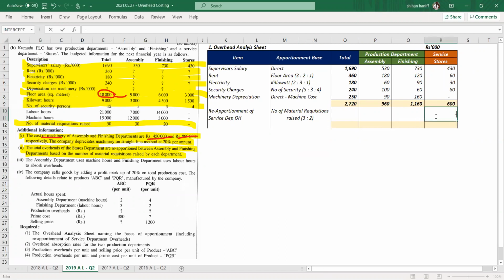Then 600 we have to deduct from the service department. That 600 should be reapportioned, divided among the production departments based on 3:2 ratio.